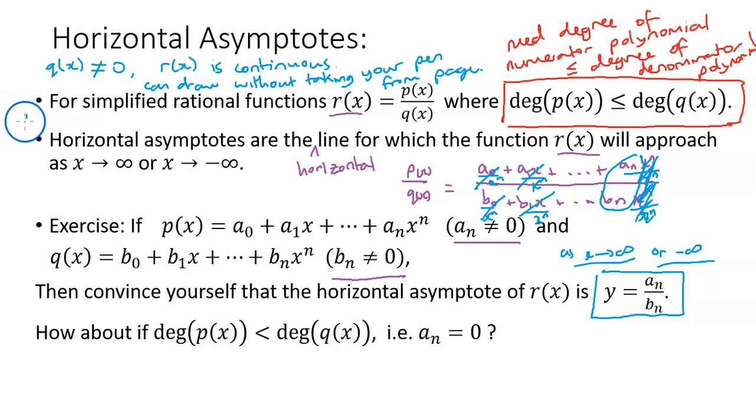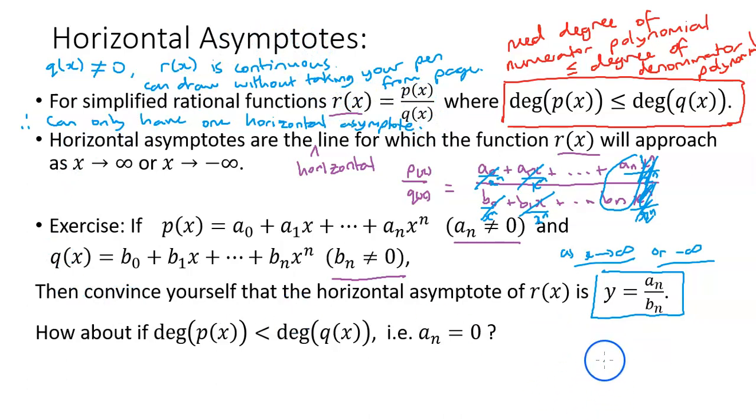Therefore, while there can be many vertical asymptotes, we can only have one horizontal asymptote. Otherwise, it wouldn't be a function.